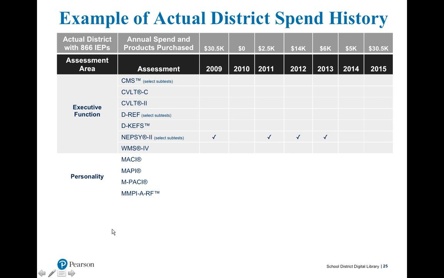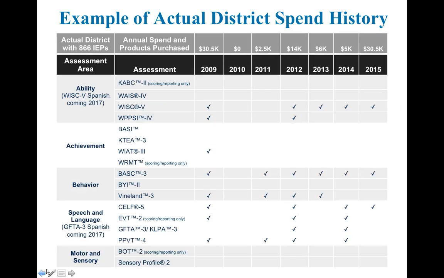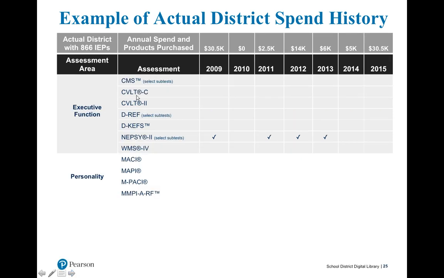So just to jump back here again, know that with the digital library, the district would receive access to all of these instruments, including the KTEA, the WIAT, the WAIS if applicable, the CVLT, and these other executive functioning tests as well.